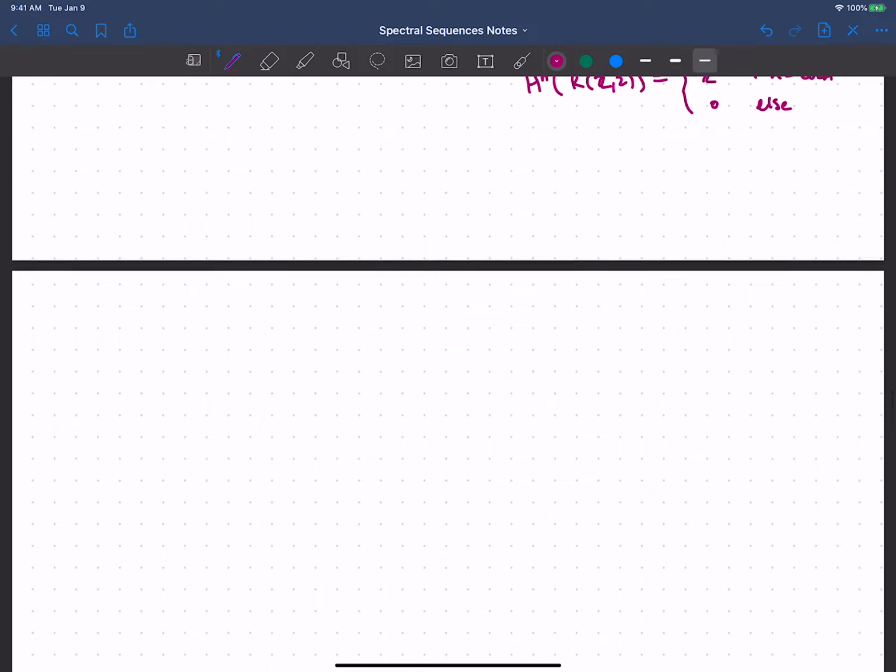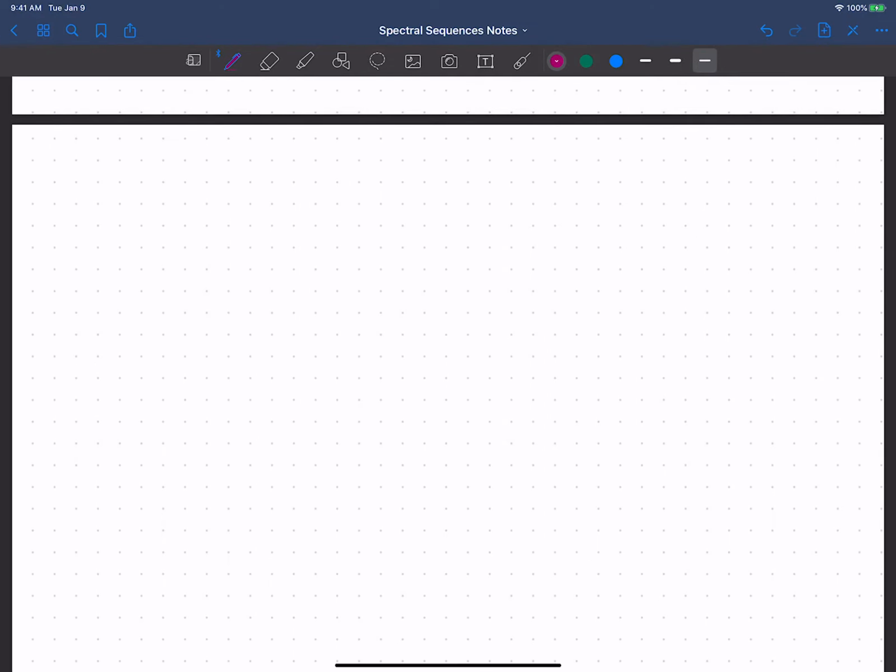I guess I'm going to need a new page. So I'm going to draw the same thing again, but keep track of the algebra structure.